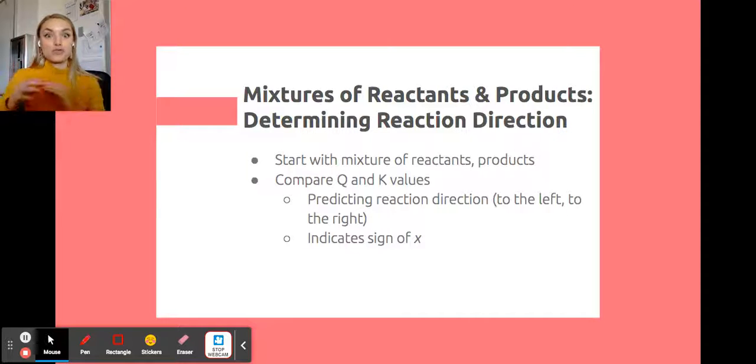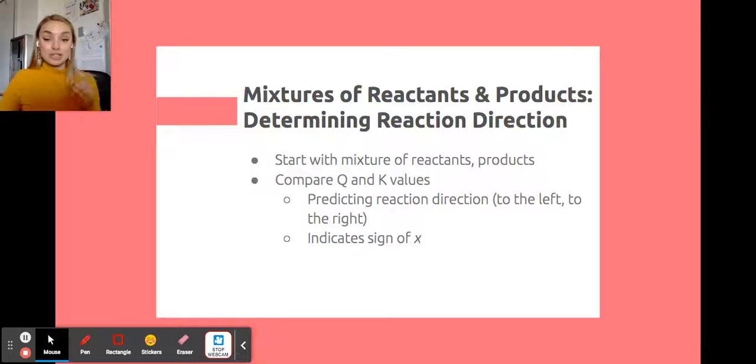So that change row is going to be very important, and it's going to be determined by the direction the reaction proceeds. So when we're given a mixture of reactants and products at the beginning of our reaction, in order to determine the reaction direction, we need to compare our Q and K values.